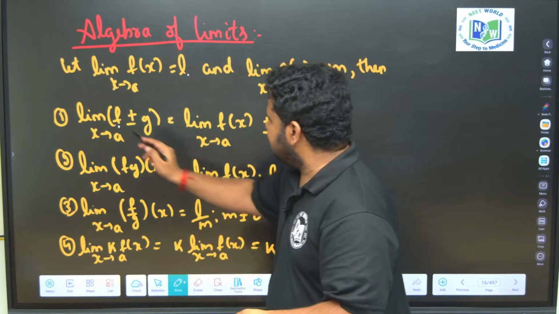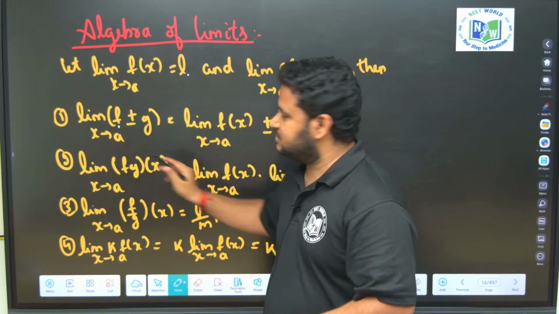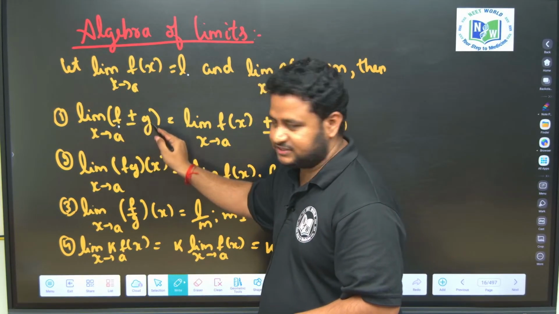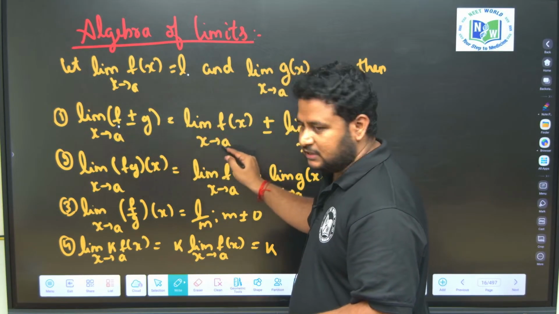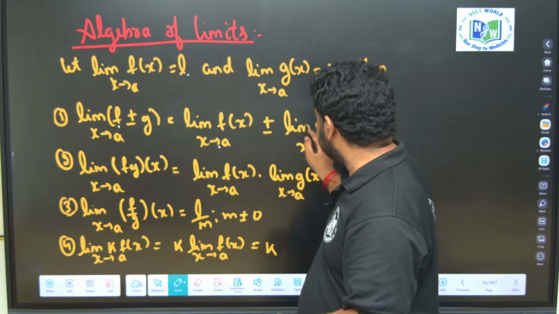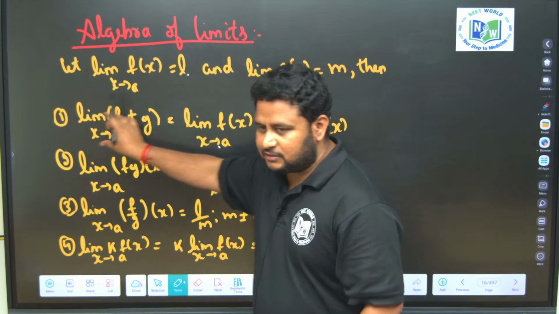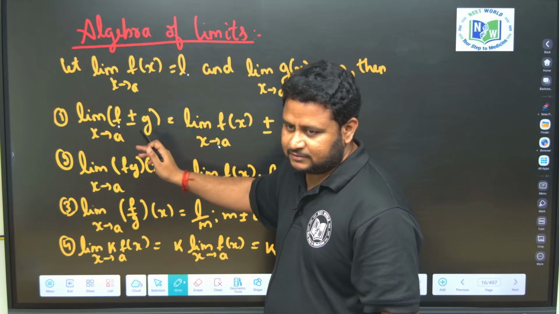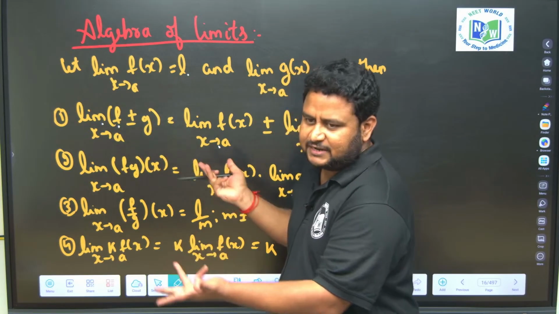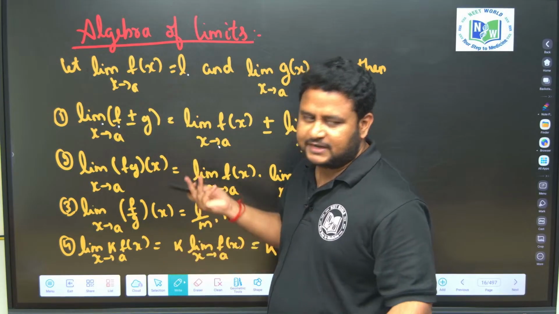So see here, the limit of a sum is equal to the sum of their limits. The limit of f plus or minus g, as x tends to a, can be written as the limit of f of x plus or minus the limit of g of x. I am writing the limit together for f and g with the same limit, and that can be separated. That's it.